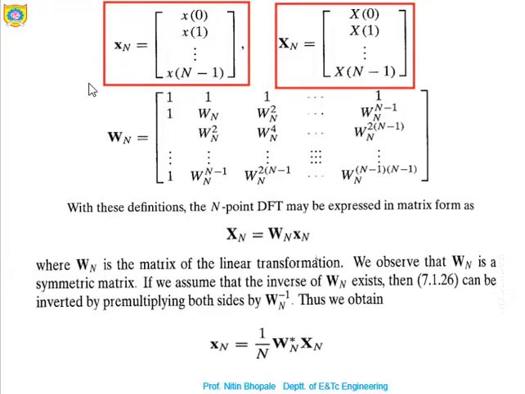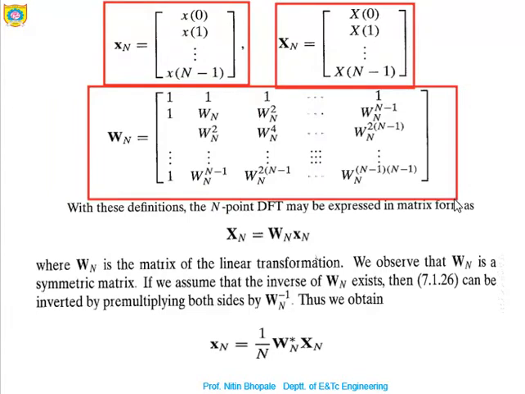Now the question comes, how to prepare this W_N matrix. For the preparation of this very important W_N matrix, that is the matrix of Twiddle factors, if we concentrate on this term, that is 1, how is this 1 evaluated. For that, let me provide some instructions here.